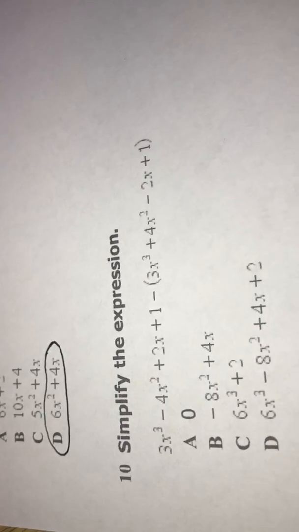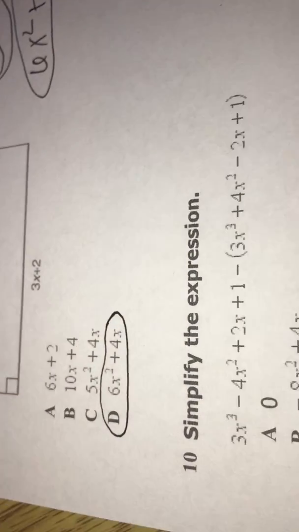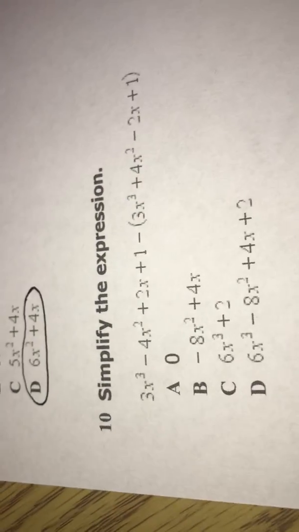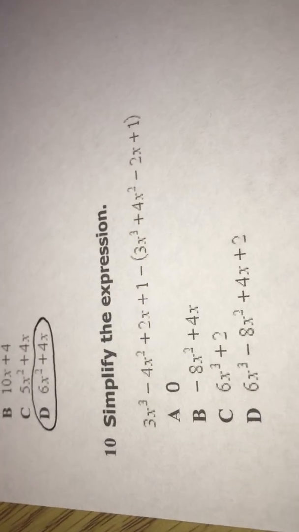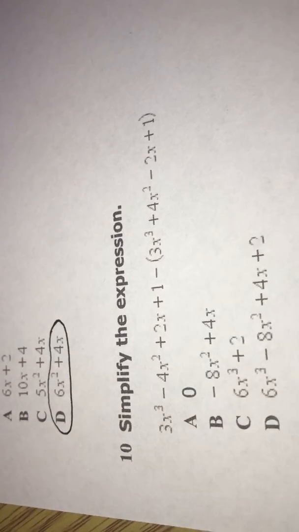Okay, so for number 10, it says simplify the expression. We're going to do this by adding and subtracting like terms. Okay, so the expression is 3x cubed minus 4x squared plus 2x plus 1 minus 3x cubed plus 4x squared minus 2x plus 1.